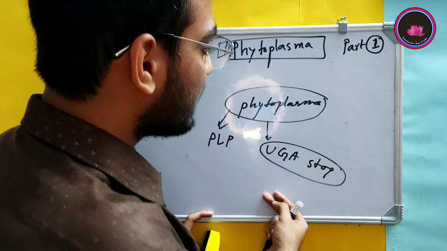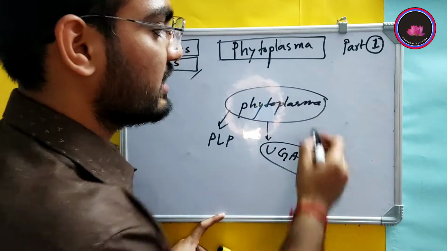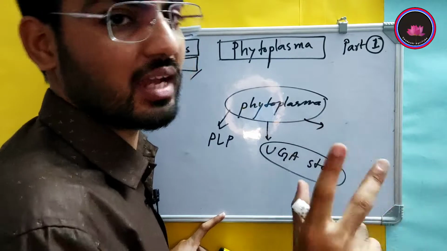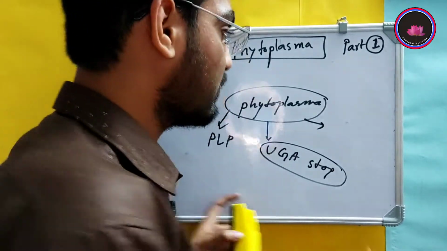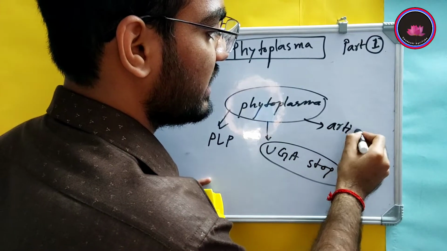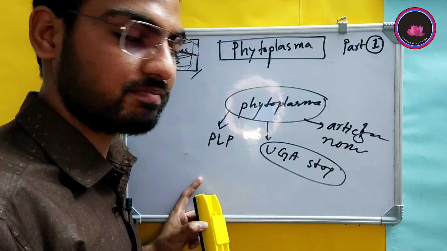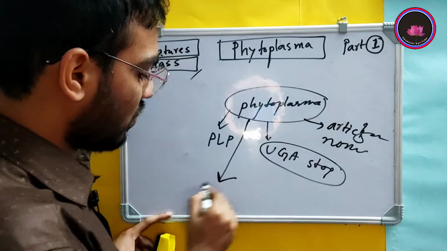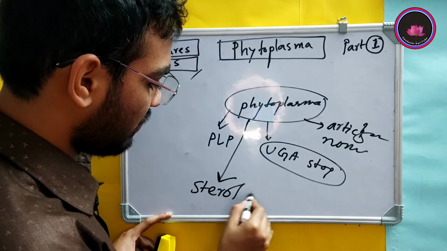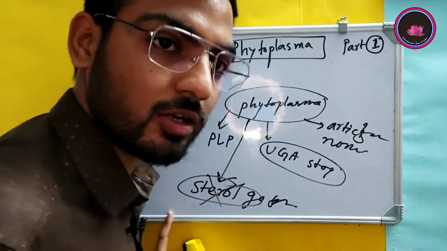Another important problem regarding this phytoplasma is that they are artificially non-culturable. The mycoplasma are artificially culturable, but the phytoplasma is artificially non-culturable. This is the problem. Another important point is that they don't need sterol for growth.